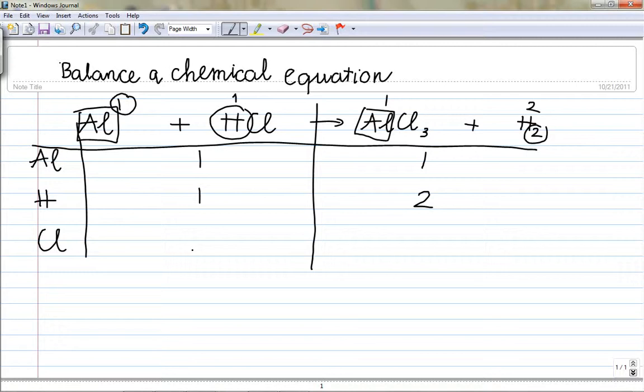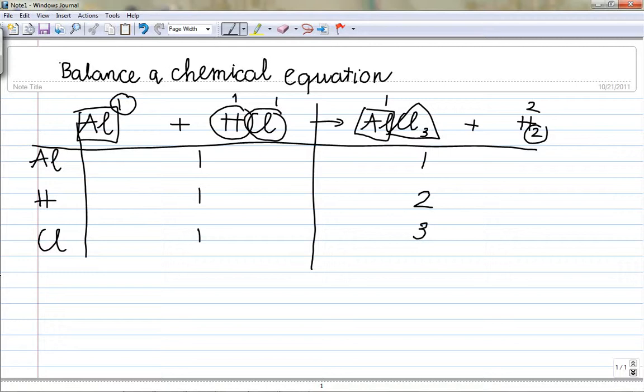Let's continue to look at chlorine. Again, I have 1 chlorine on the left hand side and 3 chlorine on the right hand side. So in order to balance this equation, we have to find a number to multiply by, so we have the same amount of hydrogen and the same amount of chlorine on both sides.